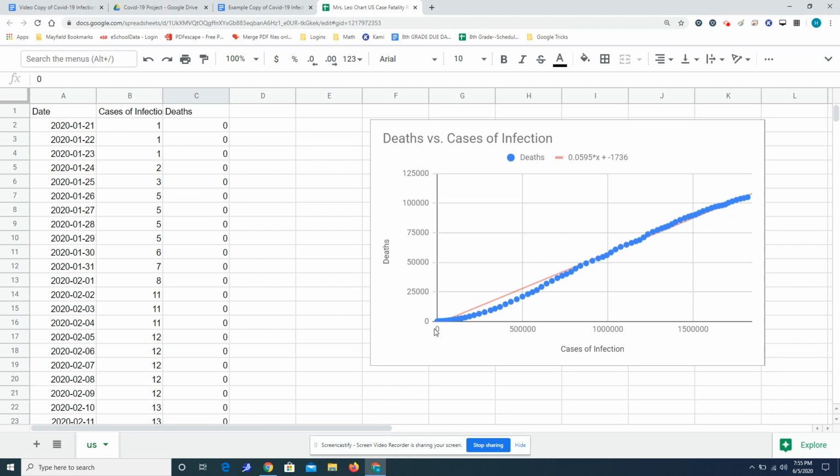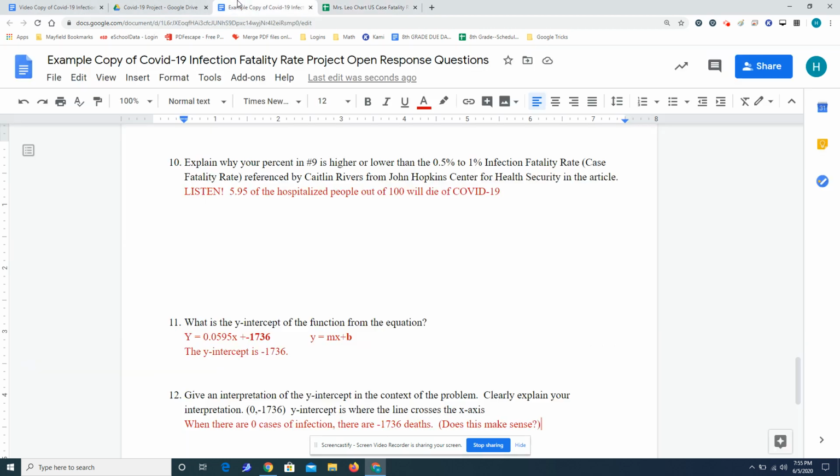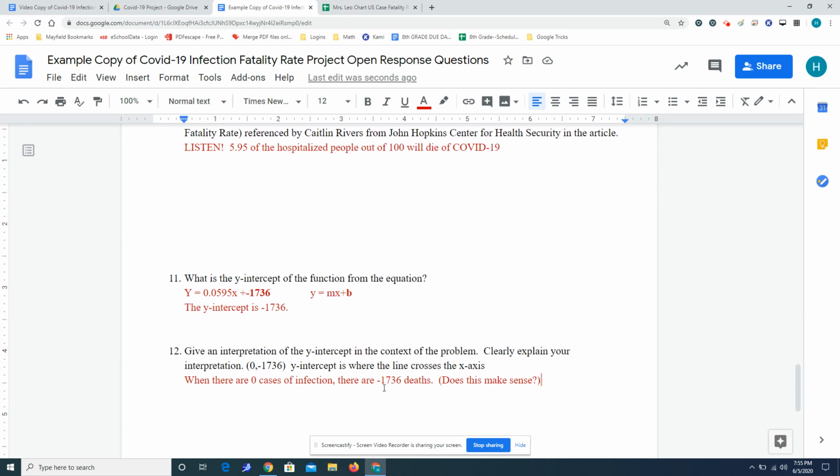So for my case especially, since I have so many zeros, it's falling pretty low on the y-axis at negative 1,736. Yours will probably be a lower number because you're not going to have as many zeros because your data isn't actually going to be as far back. So there are actually 0 deaths and there are 0 cases of infection.